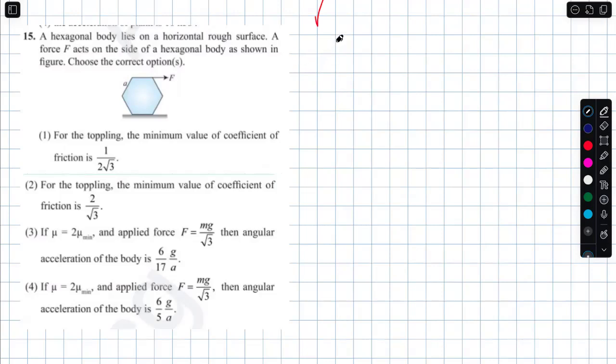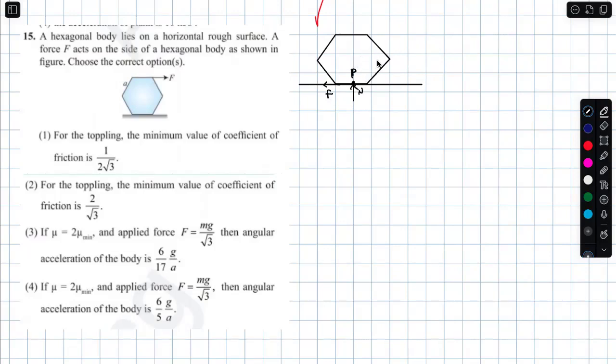Now, the first thing I will observe is that this is the body which I am speaking about. And this is some point P. Normal reaction N. Friction f.